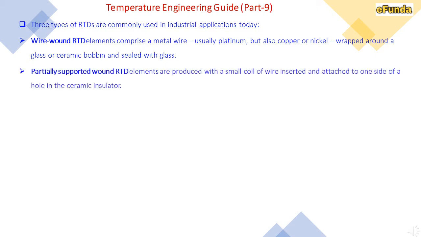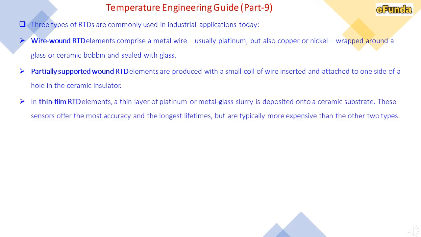Partially supported wound RTD elements are produced with a small coil of wire inserted and attached to one side of the hole in the ceramic insulator. In a thin film RTD element, a thin layer of platinum or metal glass slurry is deposited onto a ceramic substrate. These sensors offer the most accuracy and the longest lifetime but are typically more expensive than the other two types.